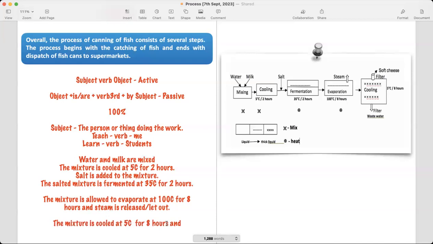Sir, verb. तो क्या verb है? Filter. क्या filter हो रहा है? Sir, wastewater. वेस्ट वाटर फिल्टर कर रहे हैं हम. क्या फिल्टर कर रहे हैं? किस चीज को फिल्टर कर रहे हैं?